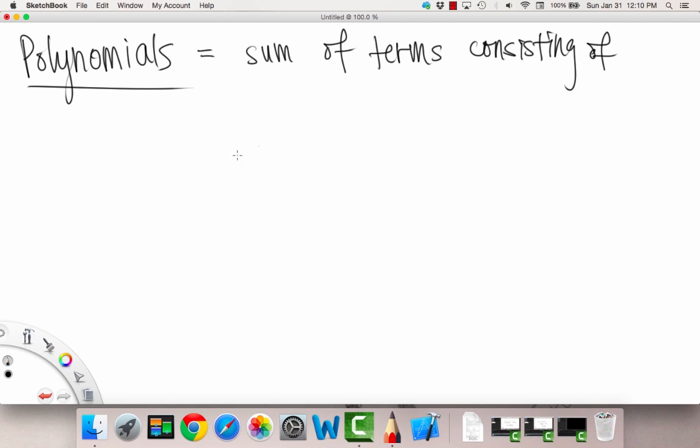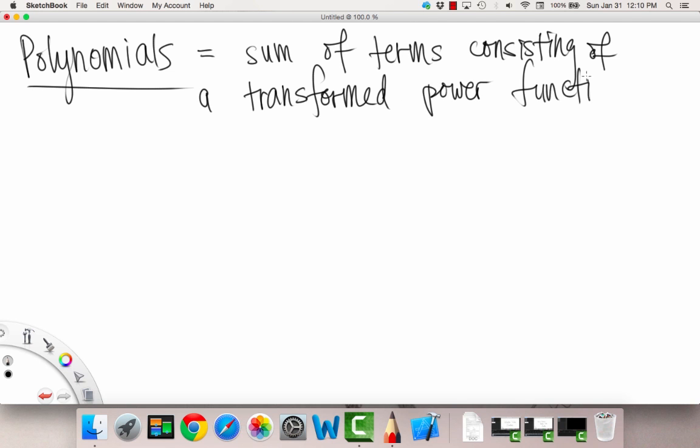The technical definition is a transformed power function, the things that we just saw: any variable being raised to a constant power, with a positive whole number power.